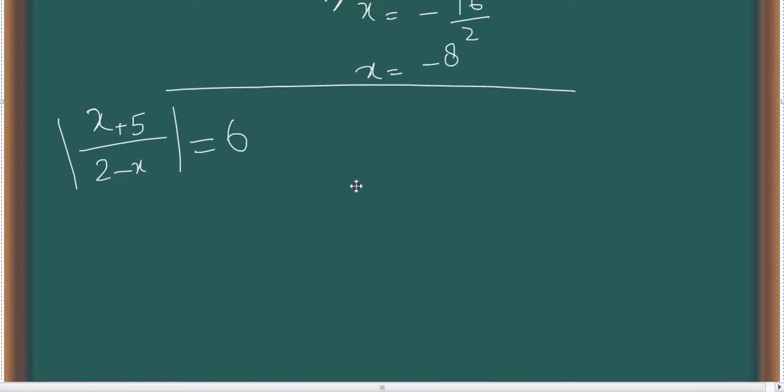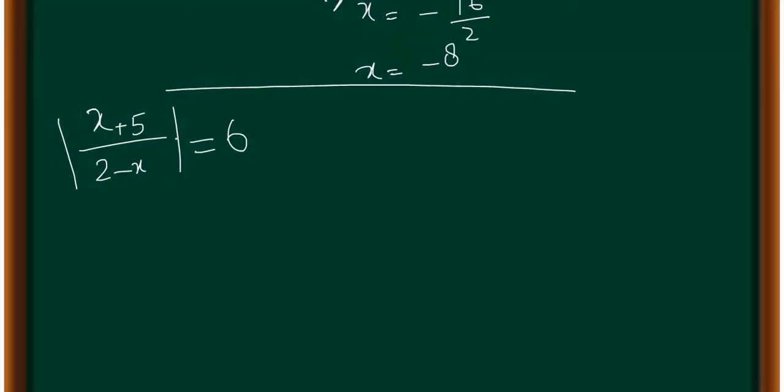You know that when we have to solve a mod question, we write one time positive, one time negative. X plus 5 over 2 minus x. You can also write plus minus with 6. You have to put plus minus either on the left side or on the right side.